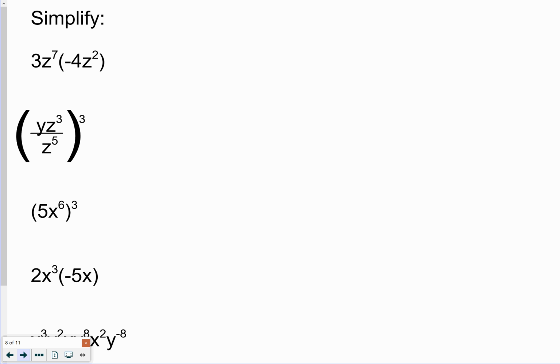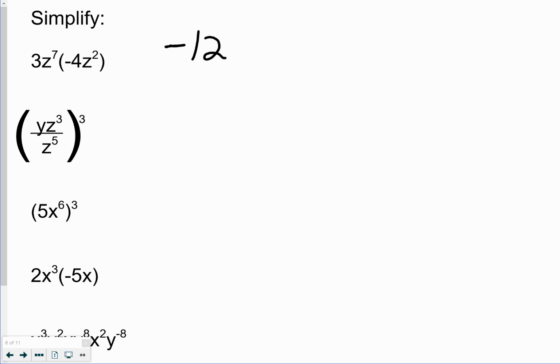Okay, let's try this first one. This is 3z to the 7th power times negative 4z squared. First thing I notice is that there are two coefficients, 3 and negative 4. What is 3 times negative 4? Negative 12. So I know I'm going to have a negative 12 in my answer.